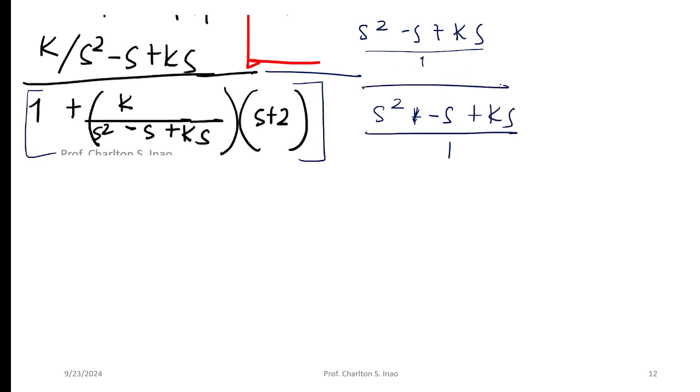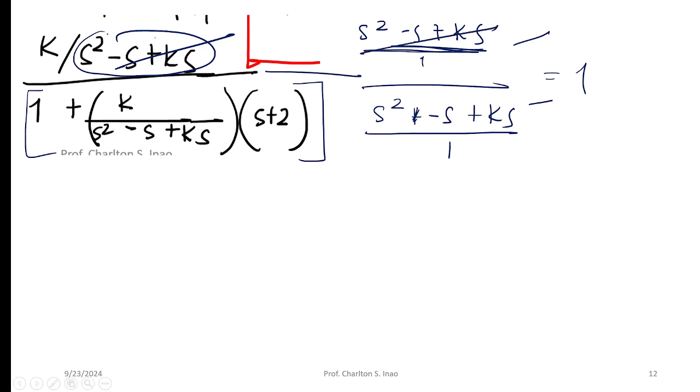Yeah. So this one now is the same, right? So this one and this one is the same. So if you divide in mathematics a value that is the same with itself, it will just result to 1. So it's as if you did nothing. But we can simplify the system with this. Now, this one is in the denominator. This one is in the numerator. So we can cancel this out.